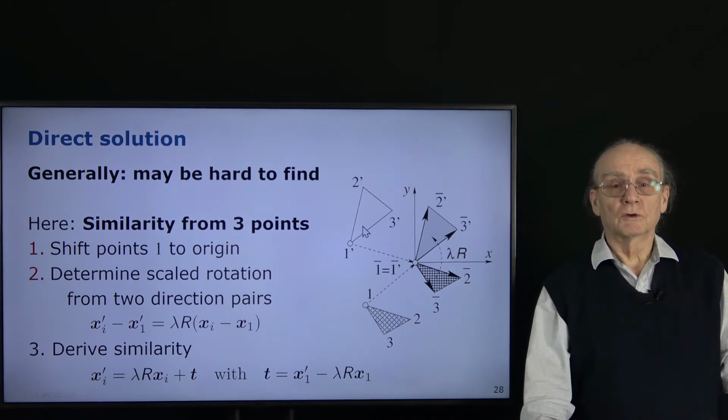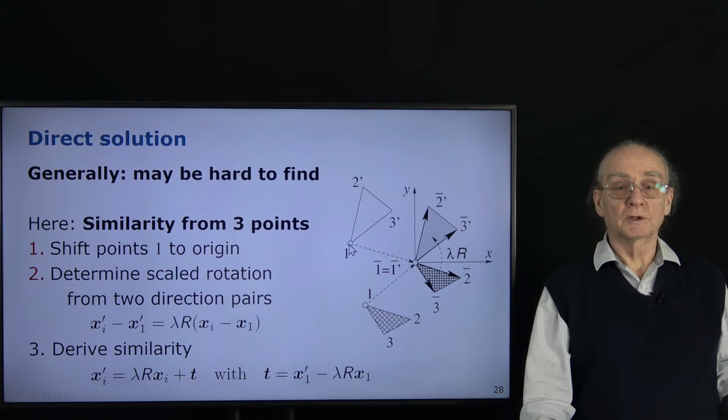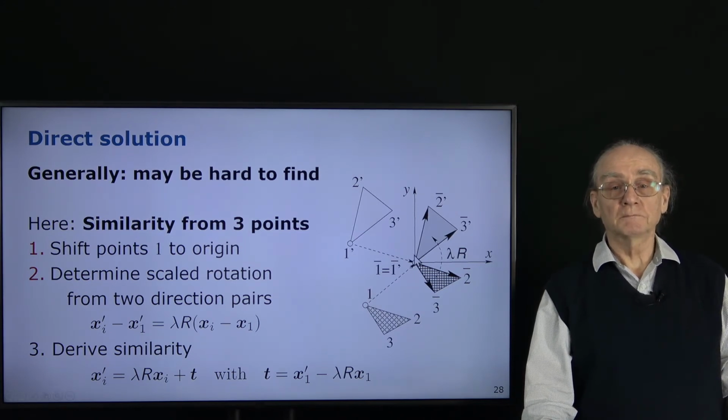And what you want to know is the transformation between this triangle and this triangle, described by a similarity. So what we do is the following, at least in memory. We shift this point 1 to the origin. Then we have the 2 triangles at this place and this place. And then we rotate this triangle into this triangle using these 2 directions.